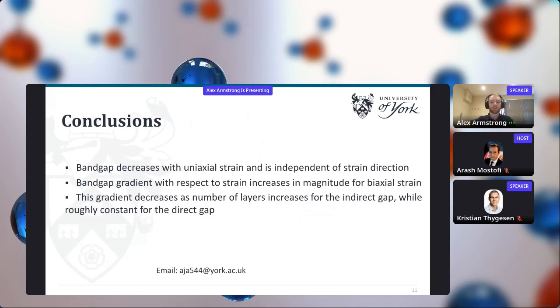So the three main conclusions: the bandgap decreases with uniaxial strain, but this is independent of strain direction, so you don't need to think about the orientation of your crystal when you're applying strain.